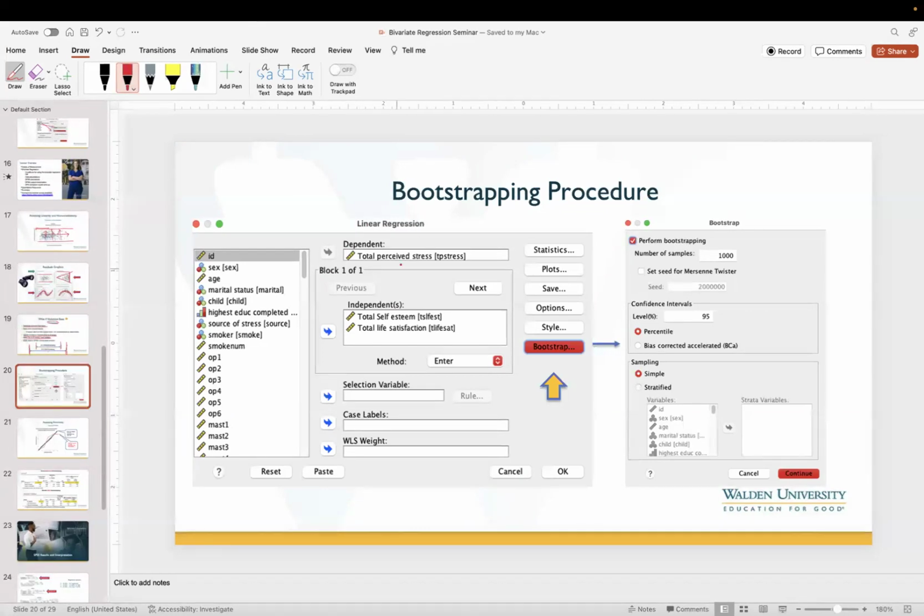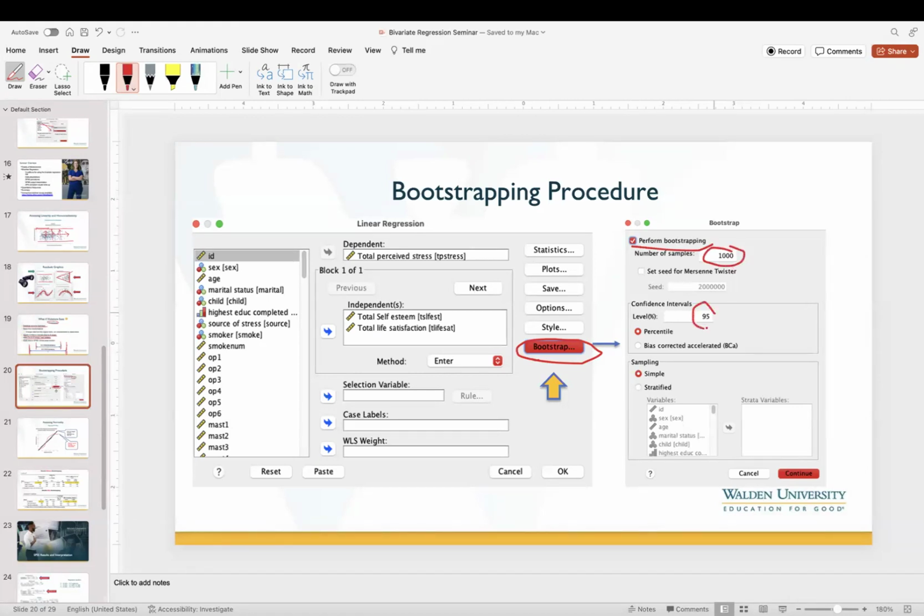Now, here's an example of what we call multiple regression because I have more than one independent variable, but it would be the same thing, okay? Notice that over here, there's going to be a bootstrap button. When you click that bootstrap button, you make sure that perform bootstrapping is highlighted. 1,000 samples is okay.